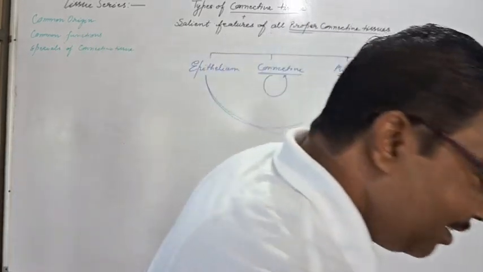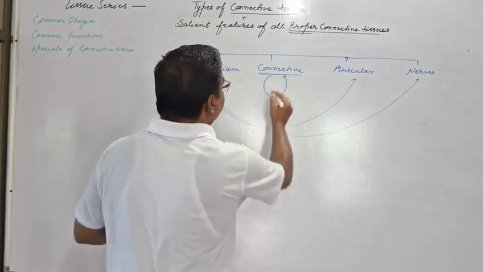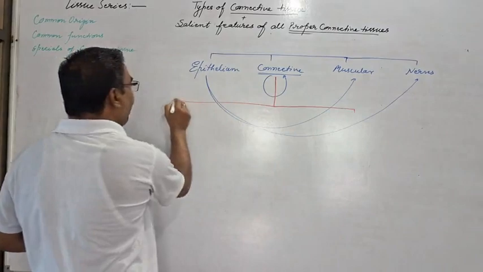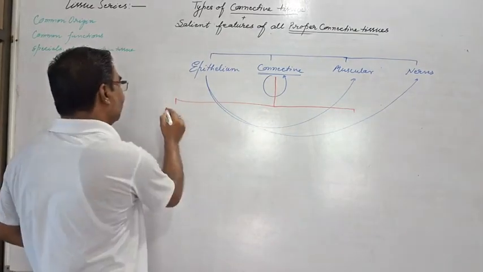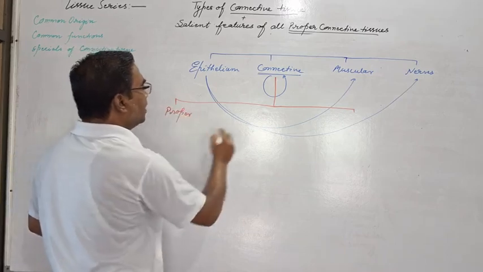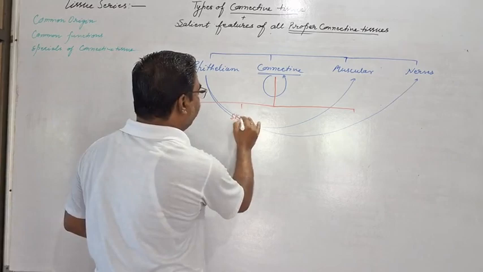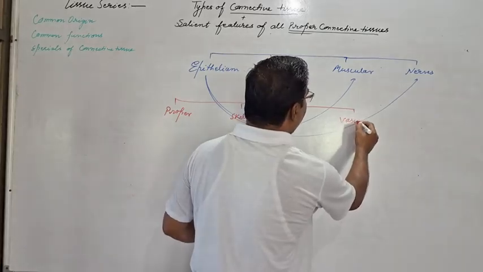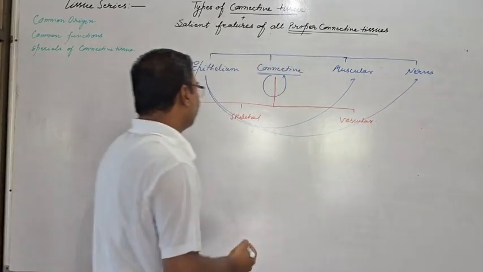Okay, let's understand the types of tissues. These connective tissues are of three types. First is proper connective tissue. Other is skeletal connective tissue, and other is vascular connective tissue.